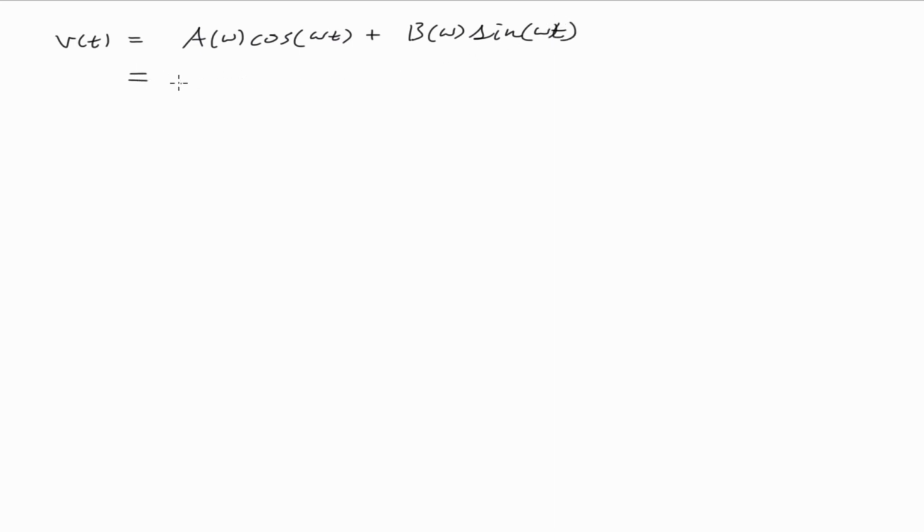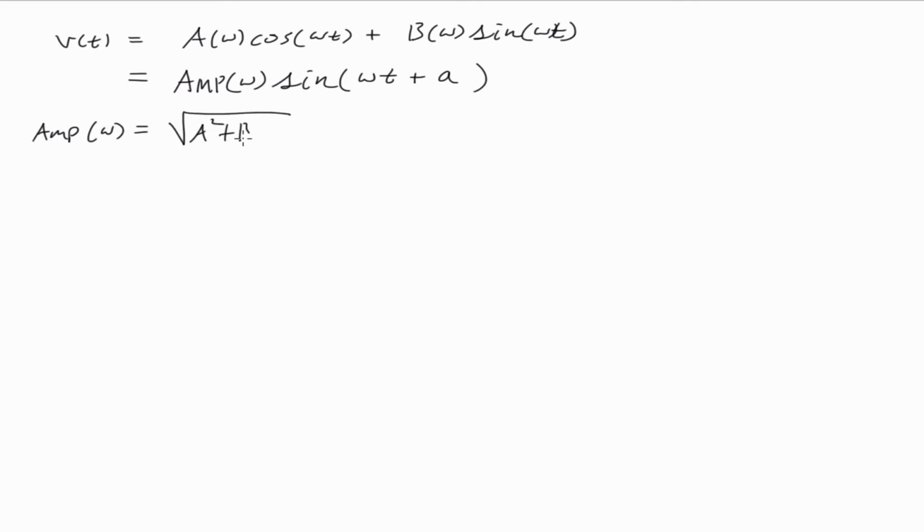And that's going to be equal, through this trig identity, to this amplitude of omega times sine of omega t plus this phase shift A. And the amplitude of omega is going to be equal to the square root of A squared plus B squared.